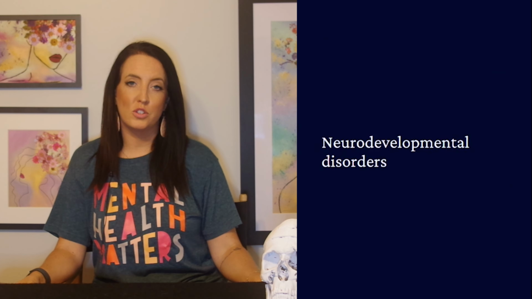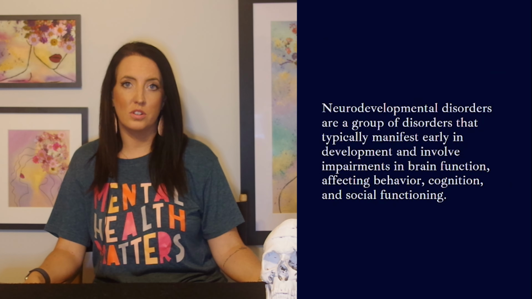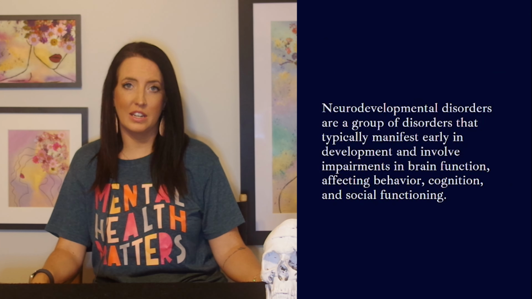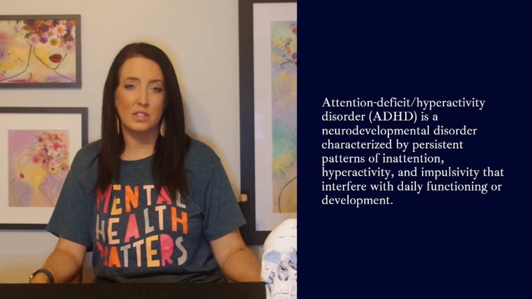Our next category of disorders are neurodevelopmental disorders. And these are going to be disorders that are characterized by changes in brain functioning that affect behavior, cognition, and social functioning. For example, attention deficit hyperactivity disorder, or ADHD, is one of these neurodevelopmental disorders. And it is characterized by patterns of inattention or hyperactivity or impulsivity, all that are going to interfere with daily functioning or living.